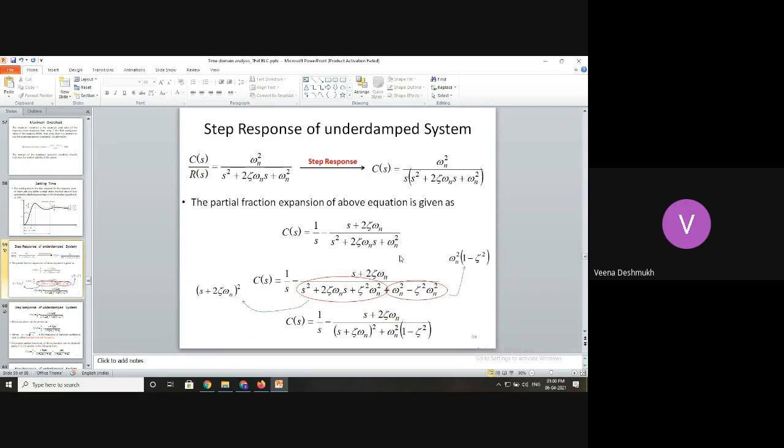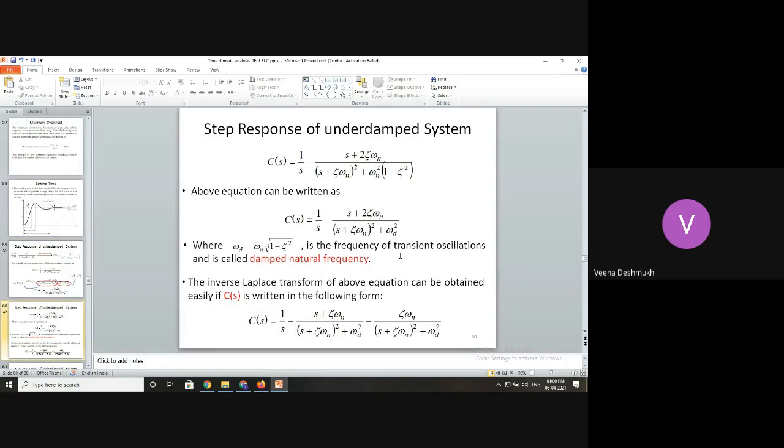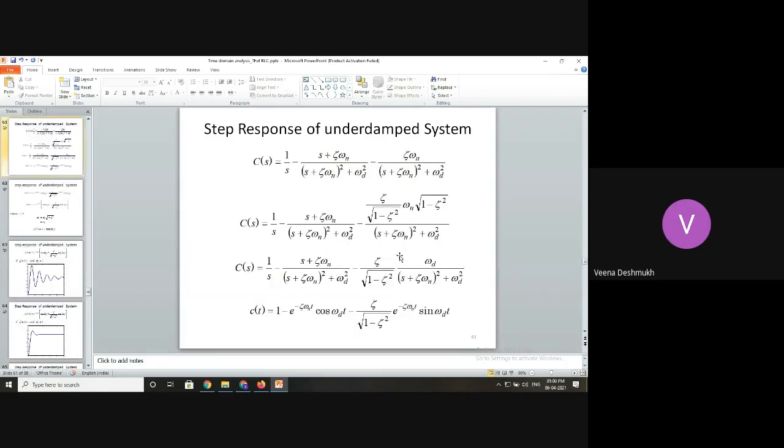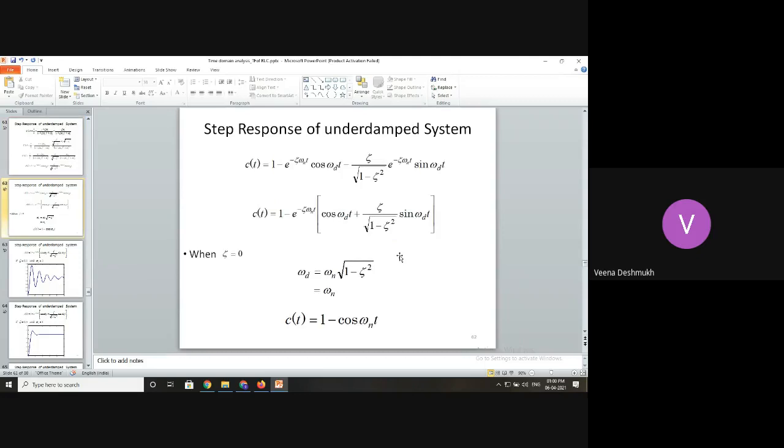So these equations, you remember the equation which I discussed just now, how to arrive from the KVL to the transfer function. That is very, very important. Actually, till second order systems, all the analysis is done. As the complexity of the system goes on increasing with higher order systems, this analysis is not carried out.